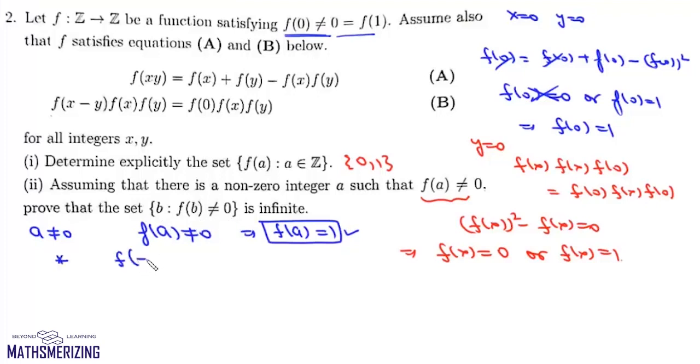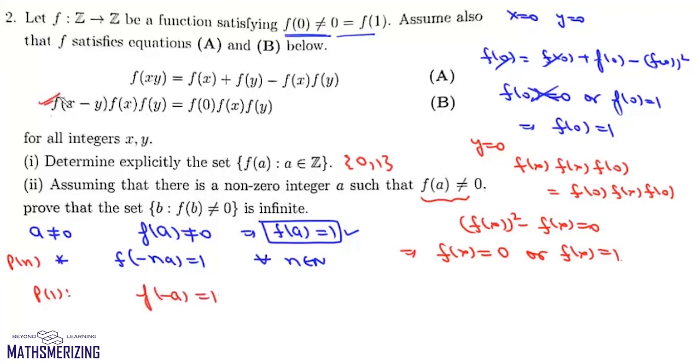We'll prove that f(-na) will be 1 for all n belonging to natural numbers, and we'll prove this result using induction. So let the statement be P(n). Now first we'll prove P(1) is true. If we put n as 1, we'll get f(-a) equals 1.